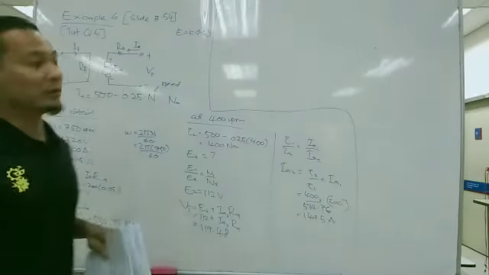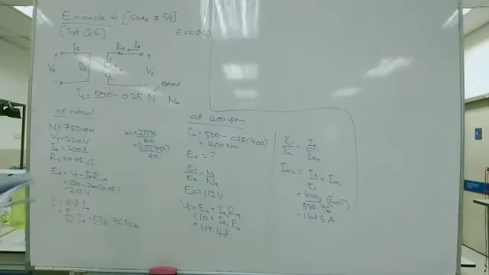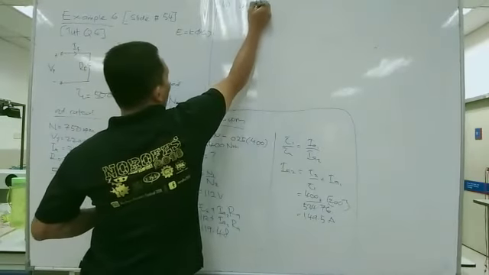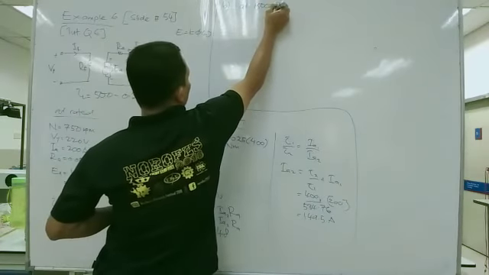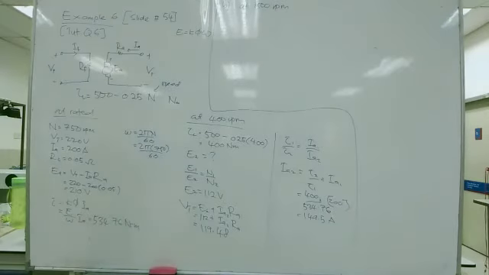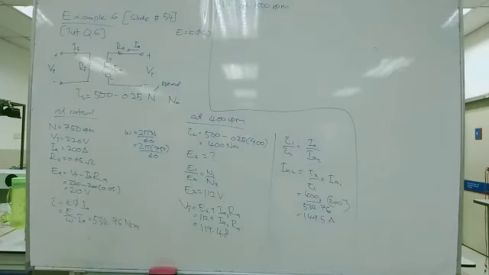This is B. Okay. First, at 1500 RPM. You know that when the speed is above the rated speed, we control the speed by controlling the flux.